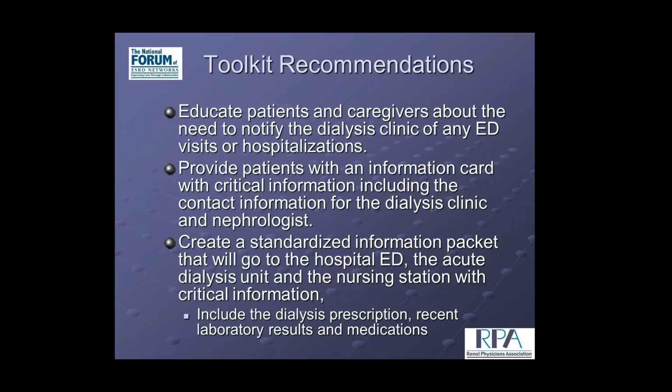Most facilities already have protocols for sending the information to the hospital. However, as we heard, just because the information gets to the emergency department, it doesn't mean that it will find its way to the nursing station or to the acute dialysis nurses. And the dialysis facility often will probably need to take the initiative to send it to all of those places. Next slide, please.